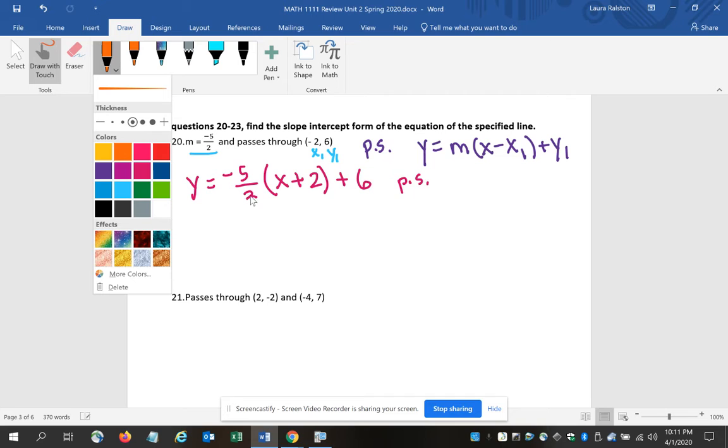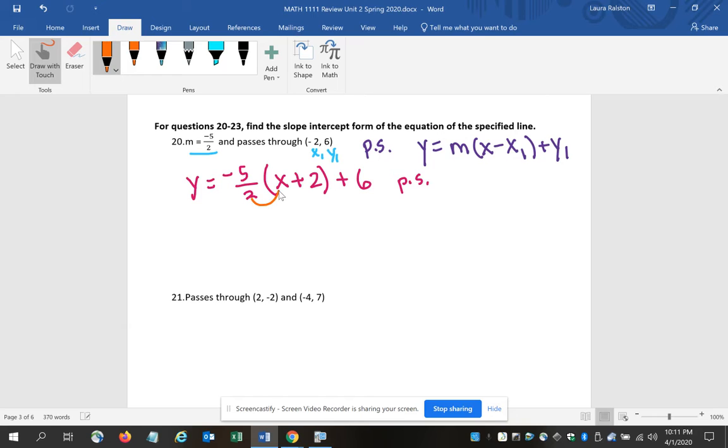So to get to slope-intercept form, I've got to eliminate the parentheses and combine like terms. So I'm going to distribute -5/2 times x is -5/2 x. Then -5/2 times +2.